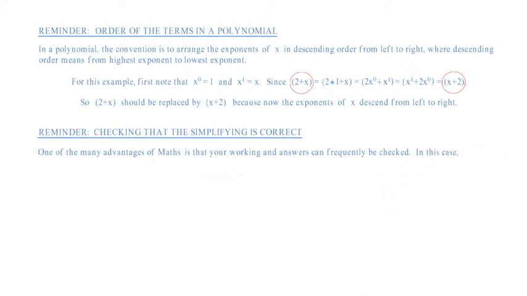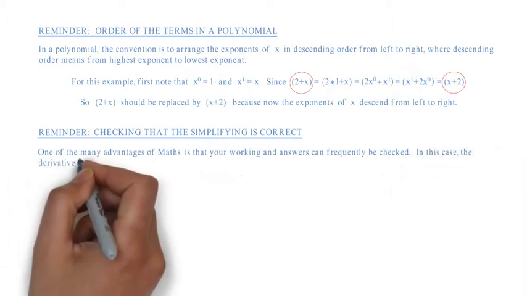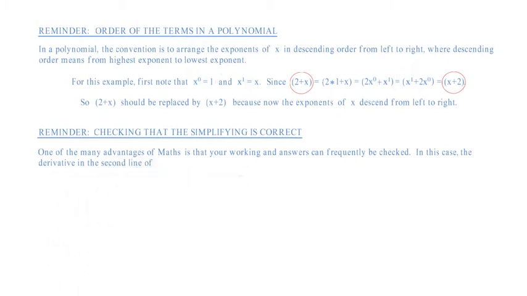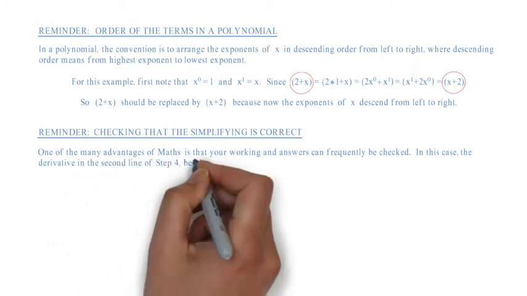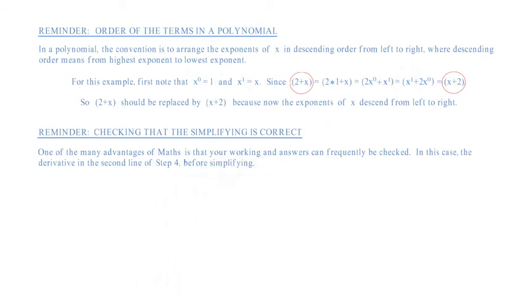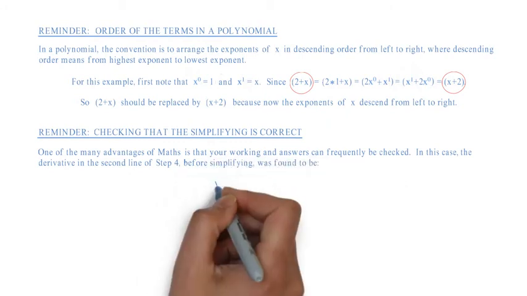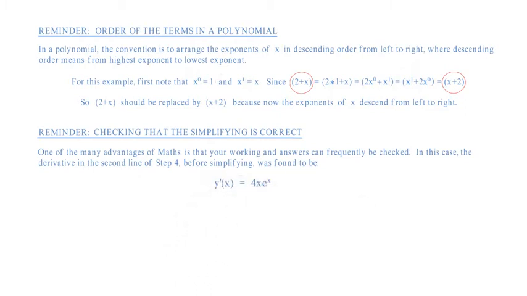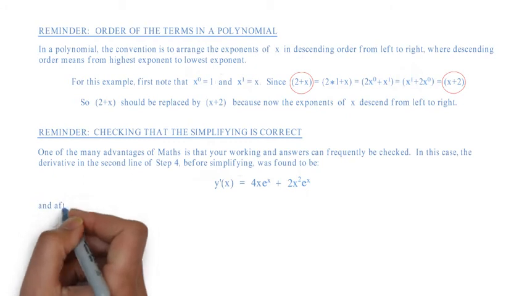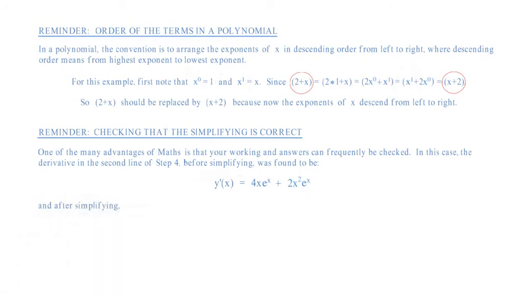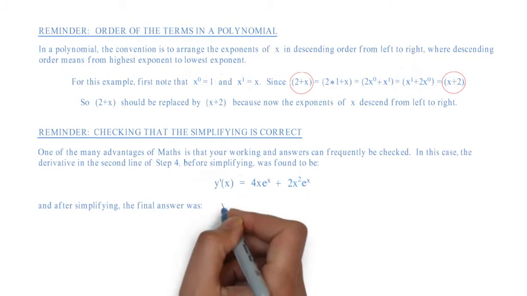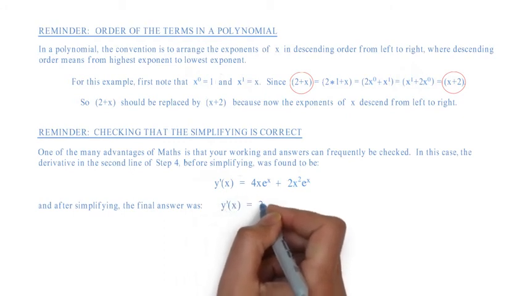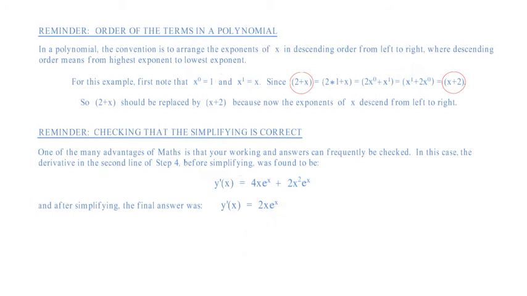In this case, the derivative in the second line of step 4 before simplifying was found to be y'(x) equals 4x e to the x plus 2x squared e to the x. And after simplifying, the final answer was y'(x) equals 2x e to the x into x plus 2.